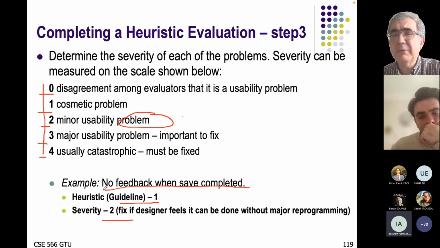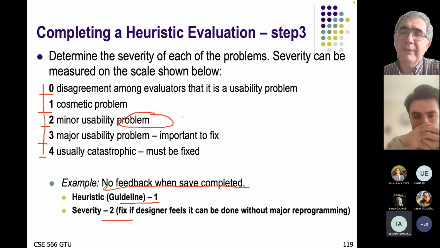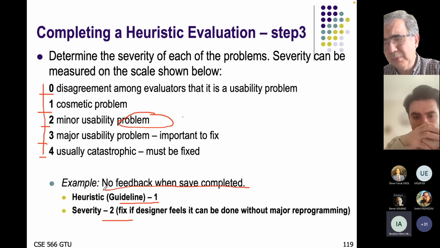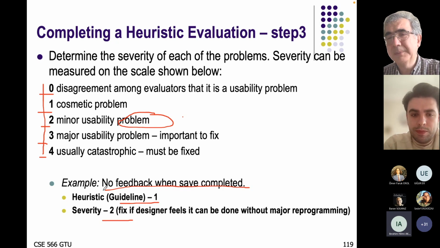But those principles are everywhere, so you can go over them following any kind of human-computer interaction or usability book. It is also available in the ISO 9241 standard. So if you can obtain the ISO standard, those guidelines are also written there.